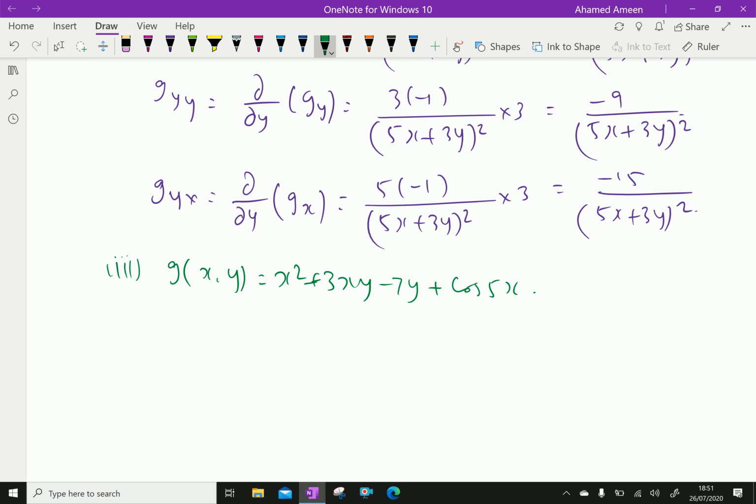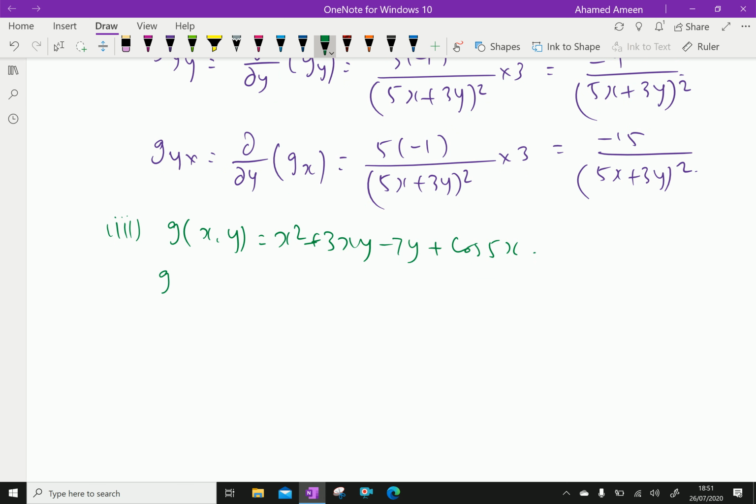Now first we will find g of x, that means dou by dou x. Differentiating with respect to x, x square is 2x, 3xy with respect to x is 3y, the complete 7y has differentiation 0, and cos 5x gives minus sine 5x into 5.